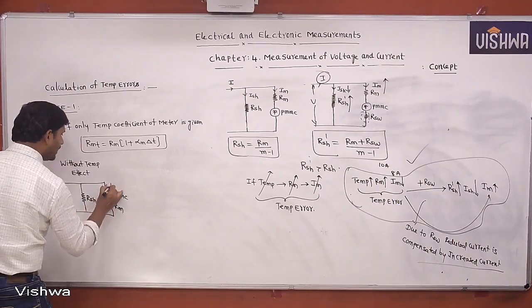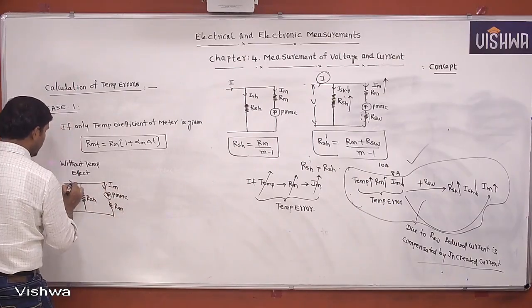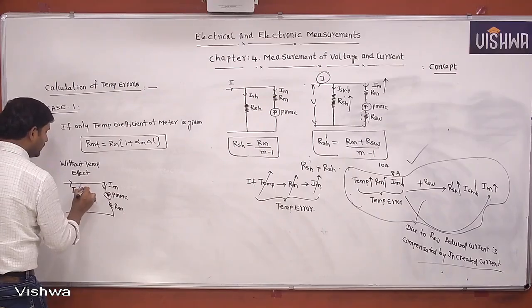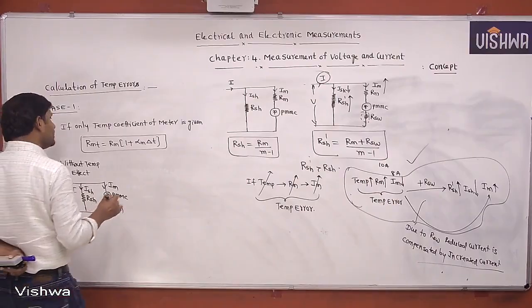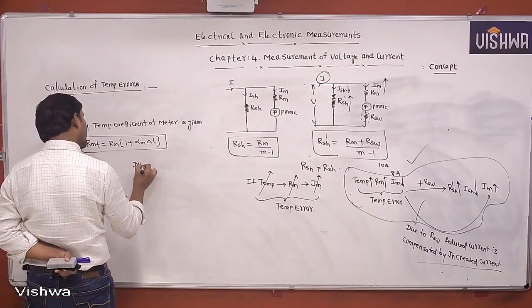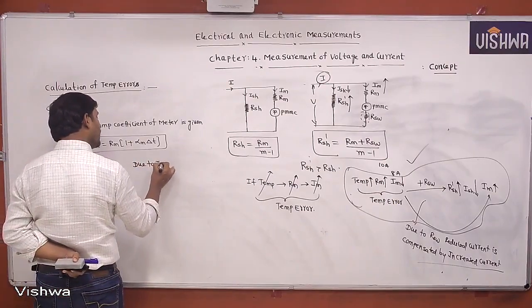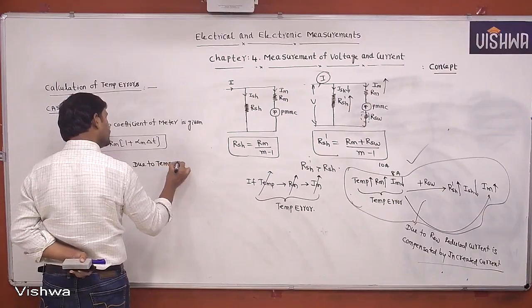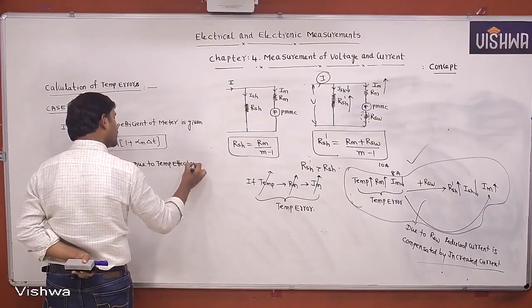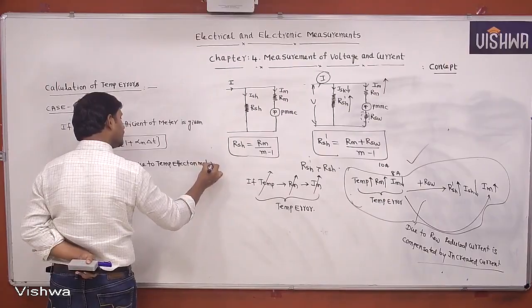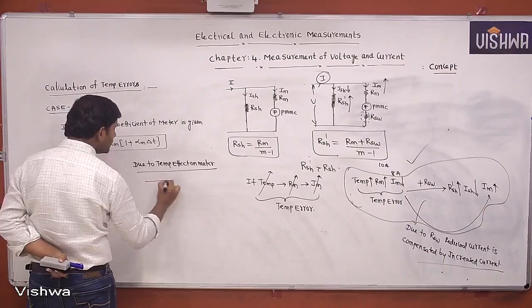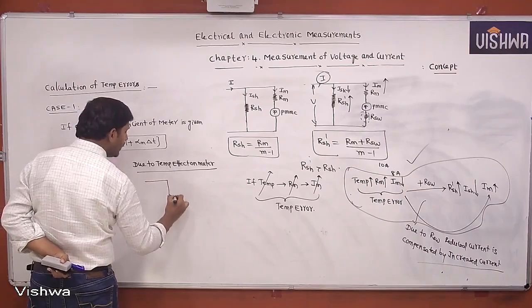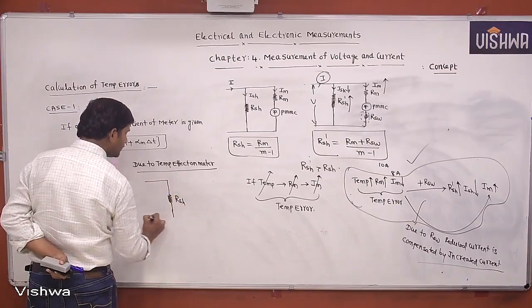Let the meter current be IM. Okay, this is I. This is ISH. Then if we consider the temperature effect on the meter, there is a change in resistance. We are not considering any change in the shunt resistance in case 1.